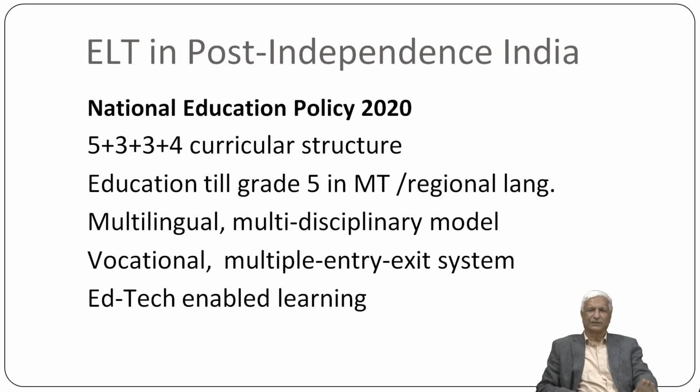In the earlier model, once a student gets into the education system, he or she was seen as going through the entire curricular structure, whether it is 10 plus 2 plus 3 or 5 plus 3 plus 3 plus 4, in a linear, unidirectional method.